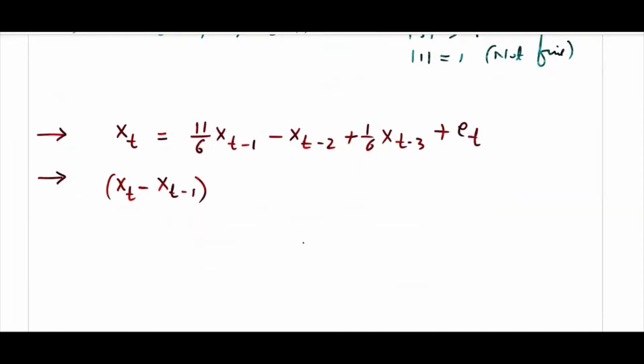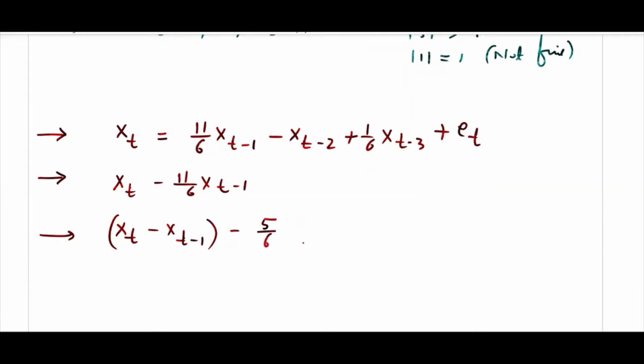We want it this way. So we'll take everything to the left hand side: minus 11 upon 6 X_{t-1}, and then you write X_{t-1}. Then you will have 5 upon 6 X_{t-1}. And for the second term, we have X_{t-2}.